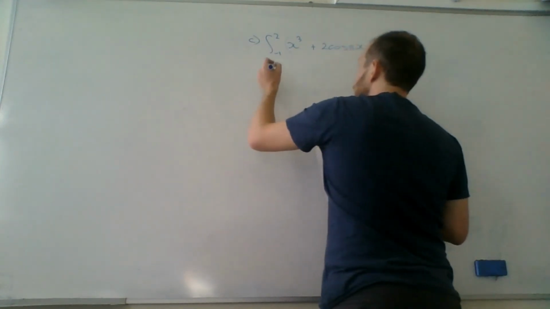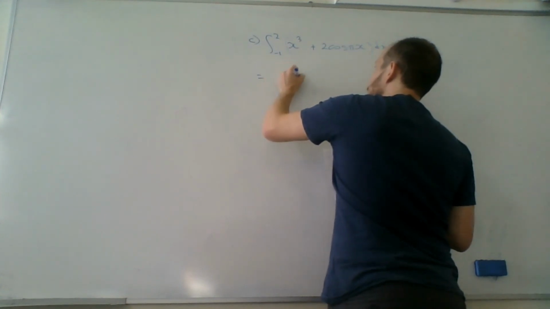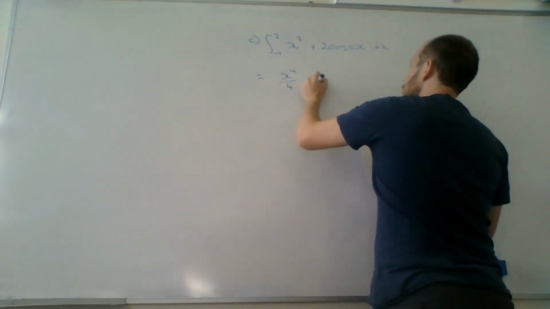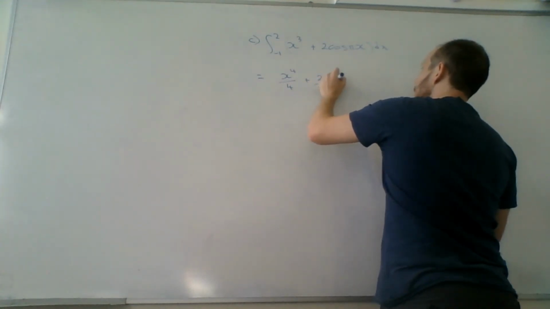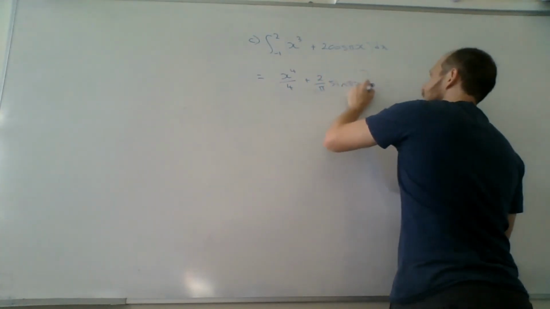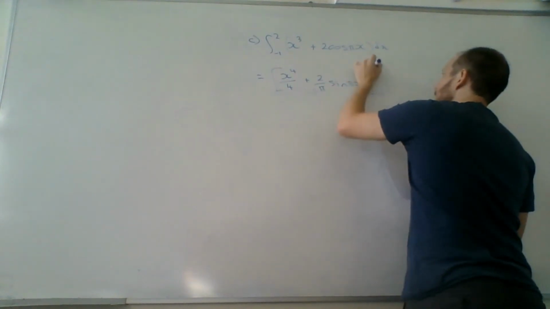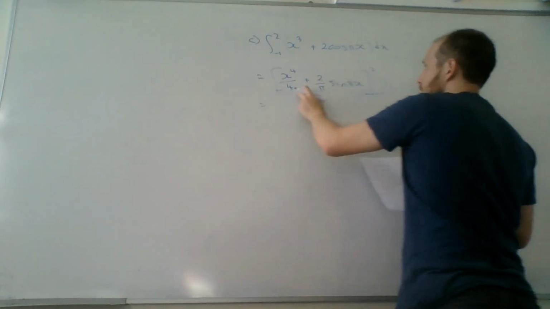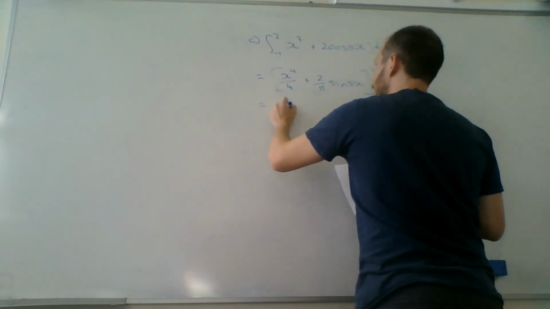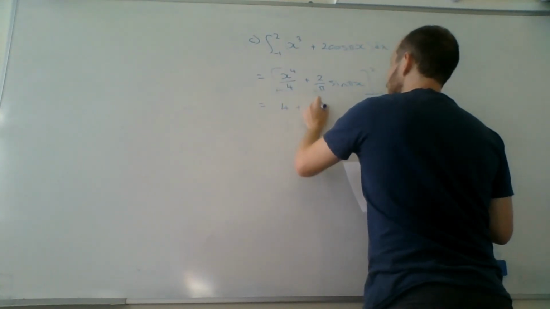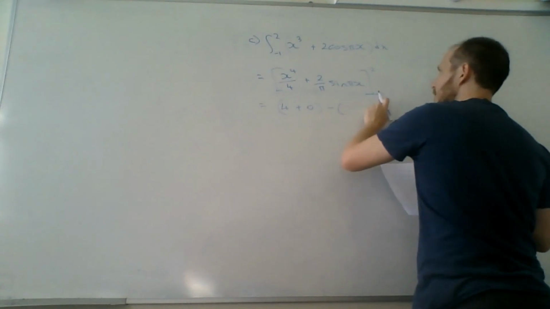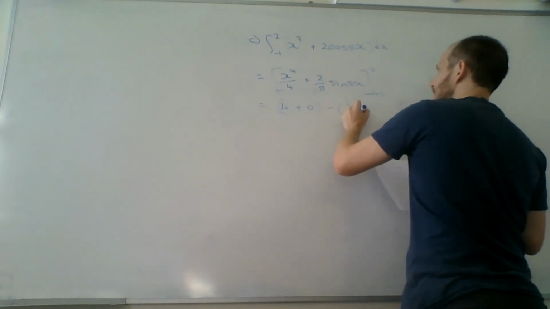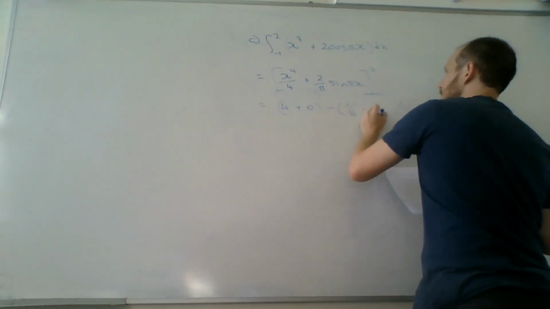Okay? So this will become x to the 4 on 4, and this will be plus 2 on pi sine pi x from -1 up to 2. And then we can substitute values in. So put in 2, this will give us 4 plus 0 minus, put in -1, so that will give us 1 over 4 minus 0.